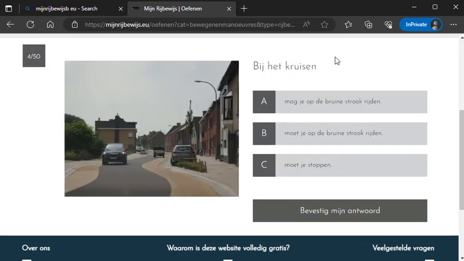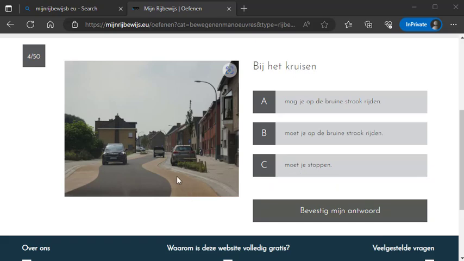When you're crossing here, option A is you are allowed to use the part of the road that is colored brown. Option B is you must use the part of the road that is colored brown. And option C is you must stop.